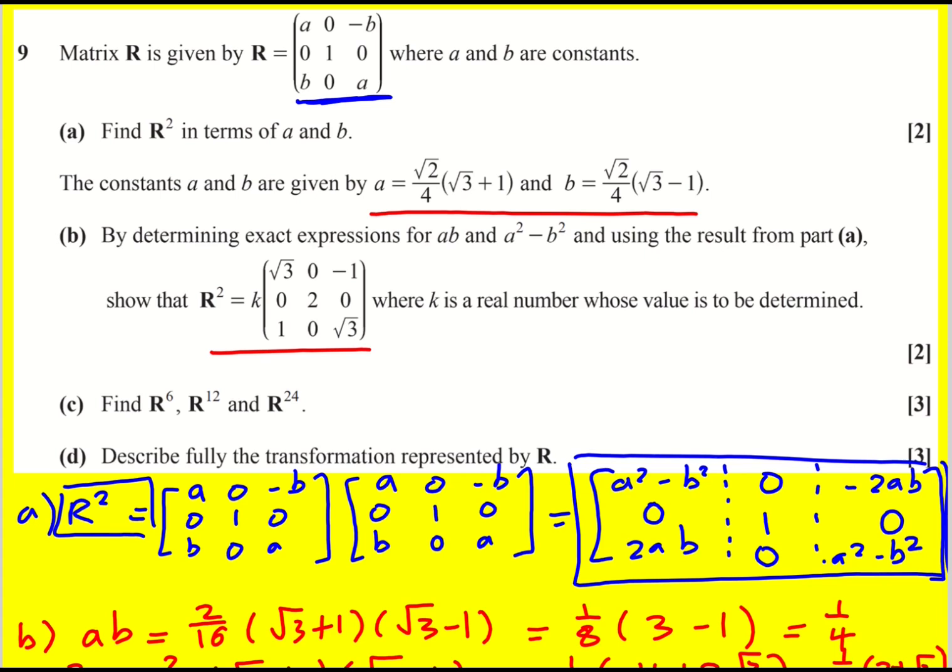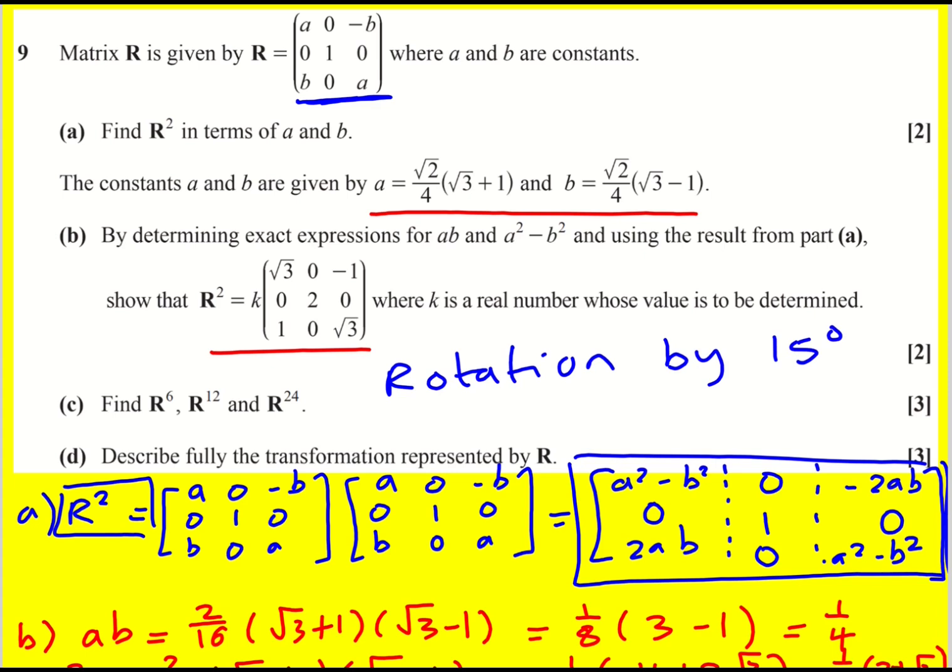Can't be any kind of enlargement. It's got to be a rotation. And for us to be applying it 24 times, we would have then rotated by 360 to get back to the beginning. We know it couldn't have happened any sooner. So it must be a rotation by 360 over 24, which is 15 degrees.